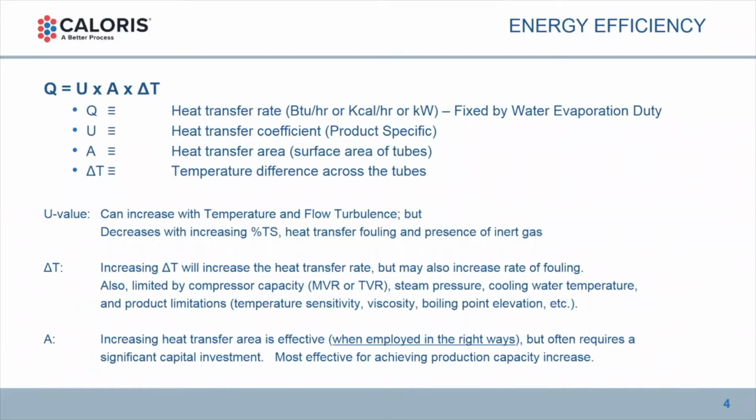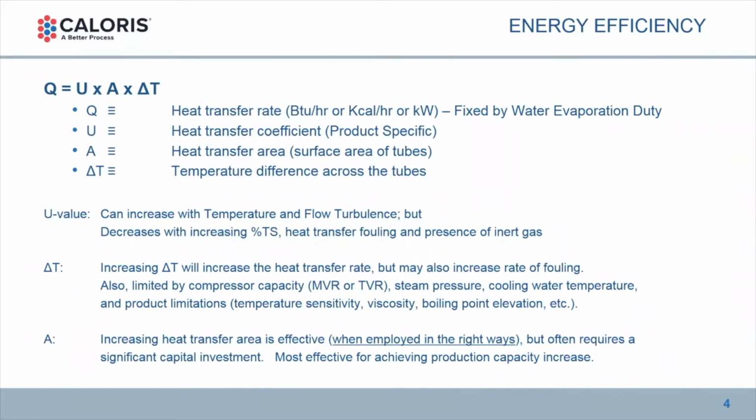It decreases as we increase concentration as we go through an evaporator. So every pass through the evaporator, we're having a lower U coefficient, and it's harder to overcome that and to continue to remove water. Fouling in the evaporators is always a dynamic factor that we are trying to overcome to maintain consistent production, and the presence of inert gases.